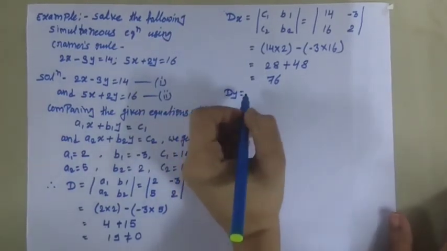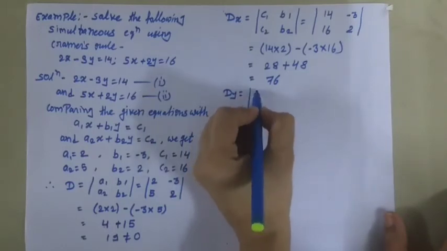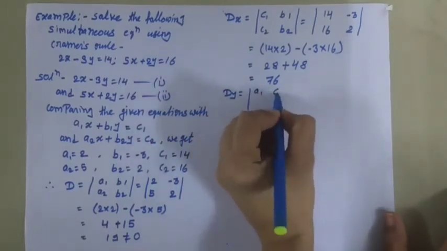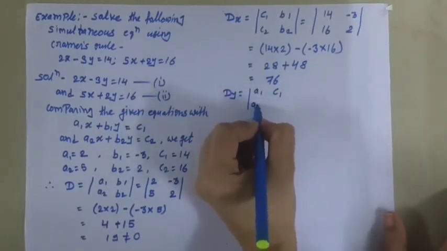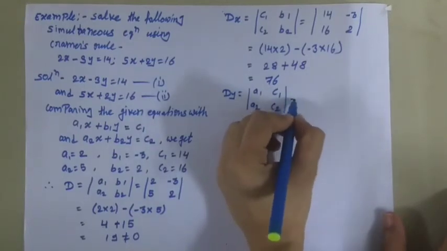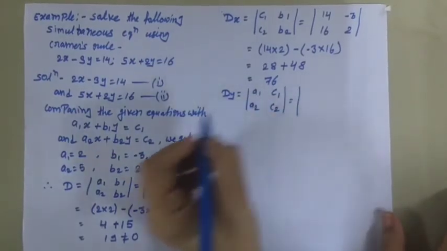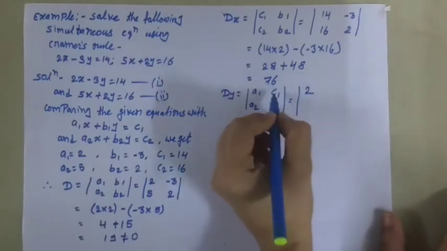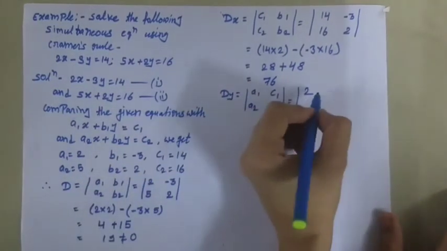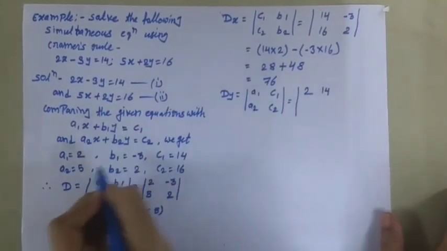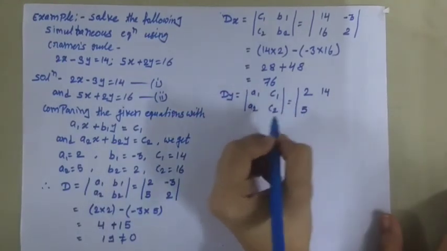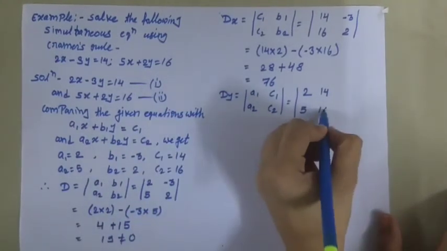Dy equal to determinant A1, C1, A2, C2, where A1 equal to 2, C1 equal to 14, A2 equal to 5 and C2 equal to 16.